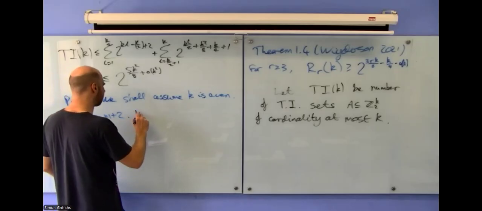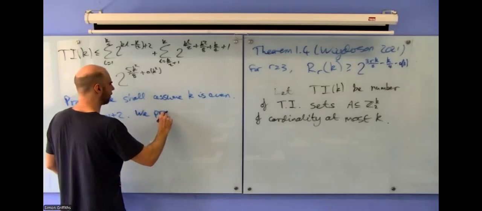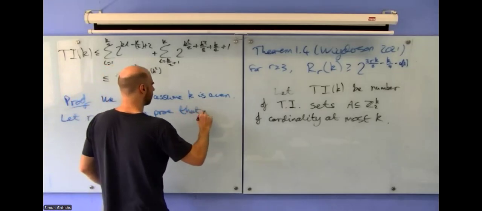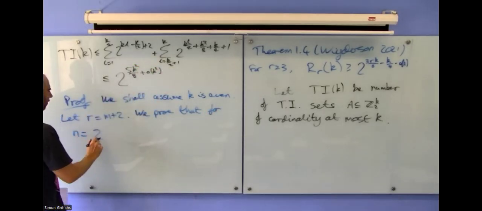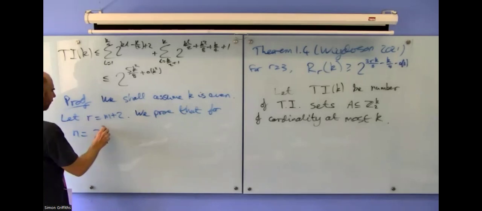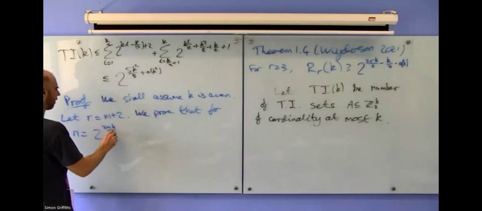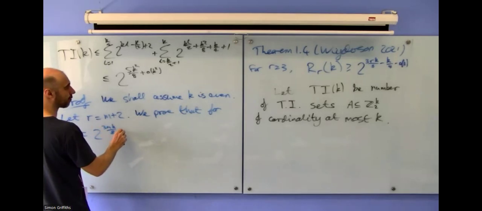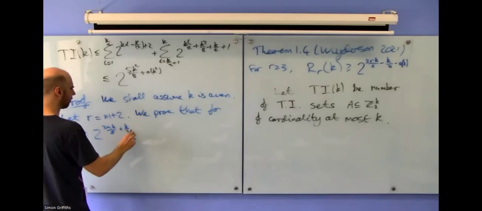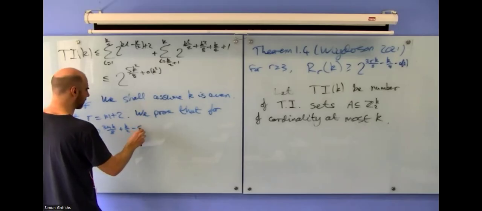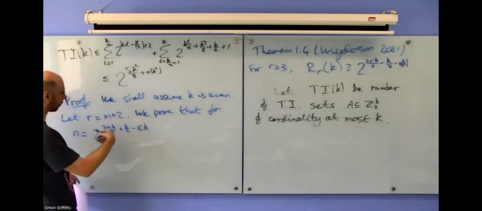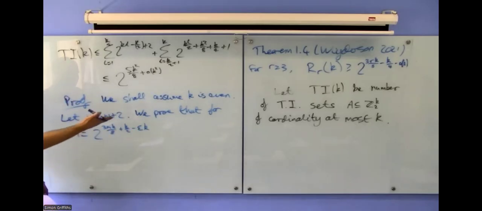And we shall prove that if n is 2 to the 3mk over 8 plus k over 2, instead of a little lower term, I'll put minus epsilon k. And then, of course, whatever you prove will work for any epsilon bigger than 0.